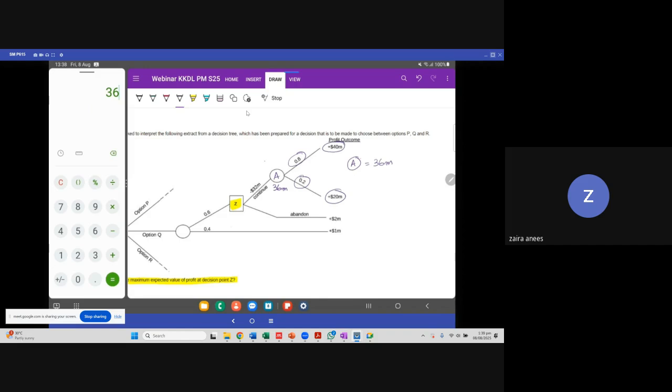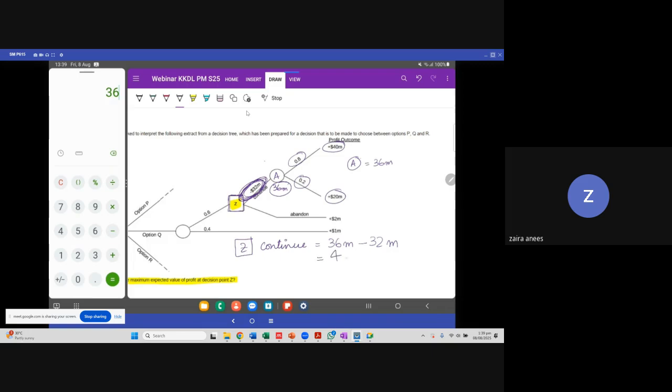Now we can solve Z, but so Z is actually a decision. If we continue, we will get a benefit of 36 million. But if we continue, we have to bear a cost of 32 million also, because that is a negative.